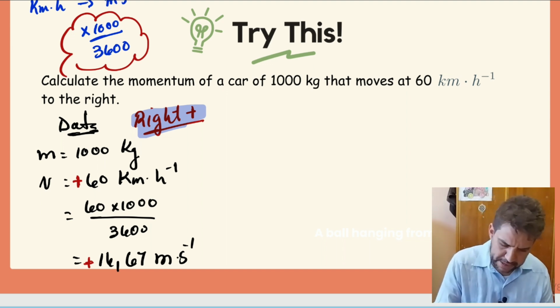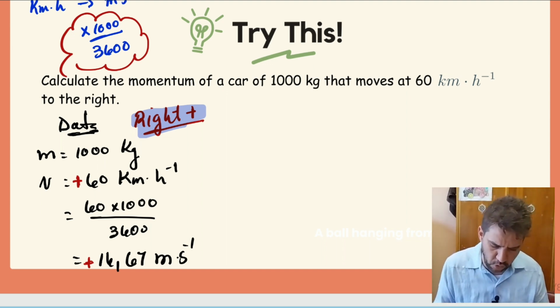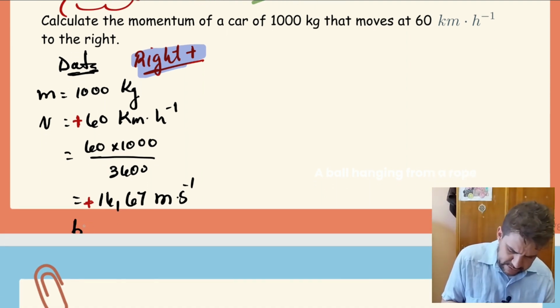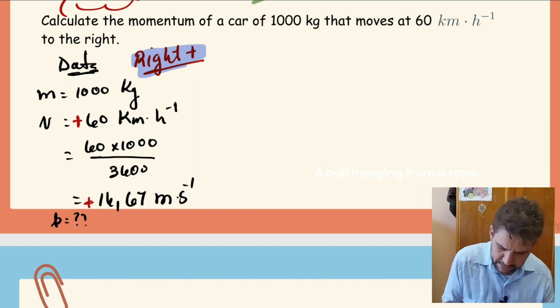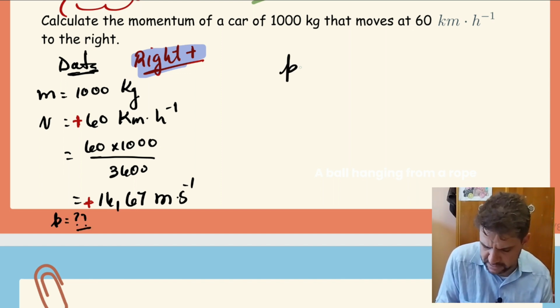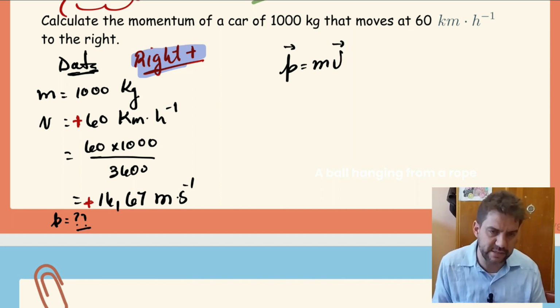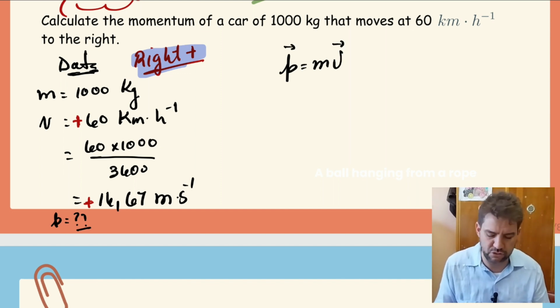So now, we are looking for the momentum. As part of the data, you may, if you want, write that momentum is question mark. The formula is quite simple. Momentum is equal to the product of mass and velocity. As a teacher, I am going to use the vector symbol, but you don't have to.